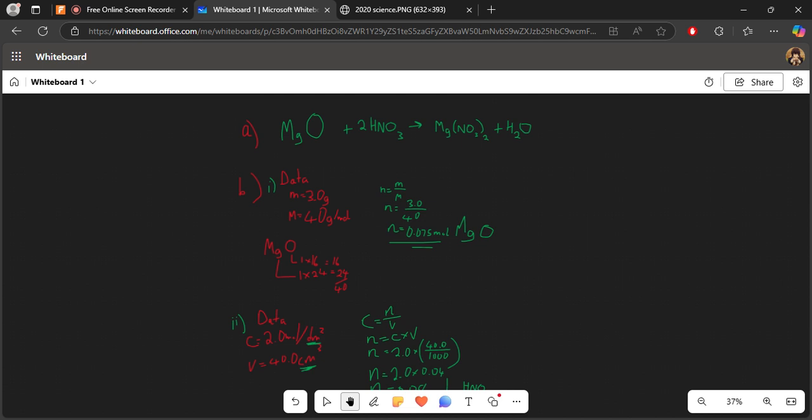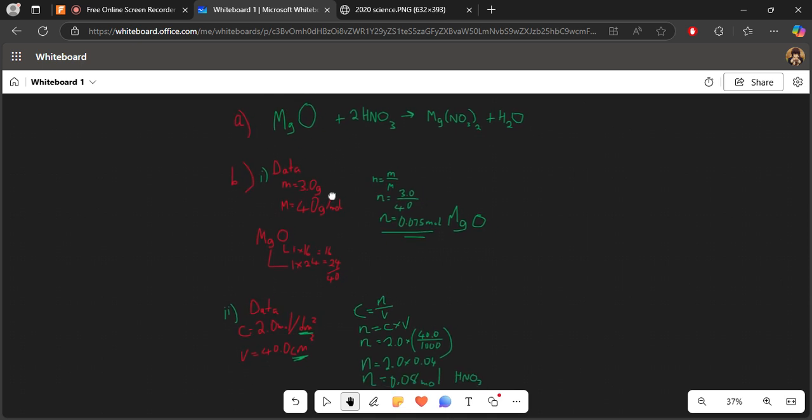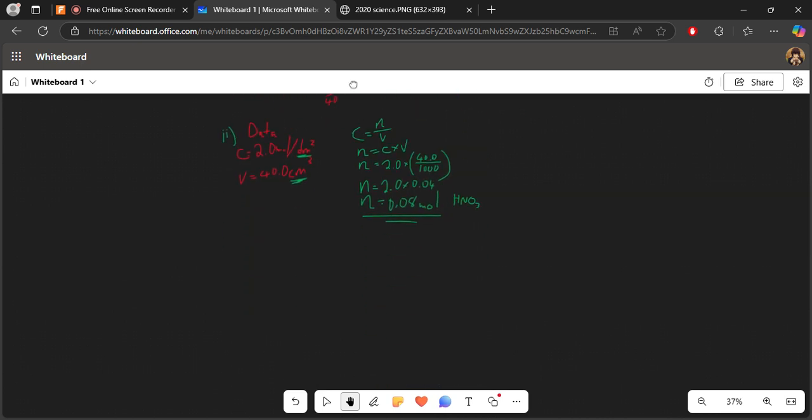It's what stopped the chemical reaction because it finished before the other reactant.